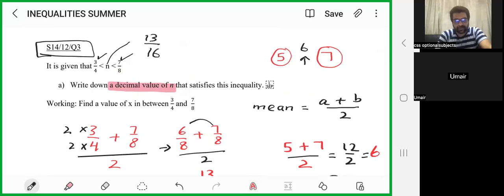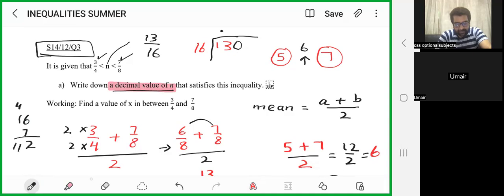However, they have asked to find a decimal number. So let us convert 13 by 16 into a decimal. As 13 is less than 16, I will put a 0 over here and a decimal over here. So let us multiply 16 by 7. 7 6 times 42, 7 1 times 7 and 4 is 11.